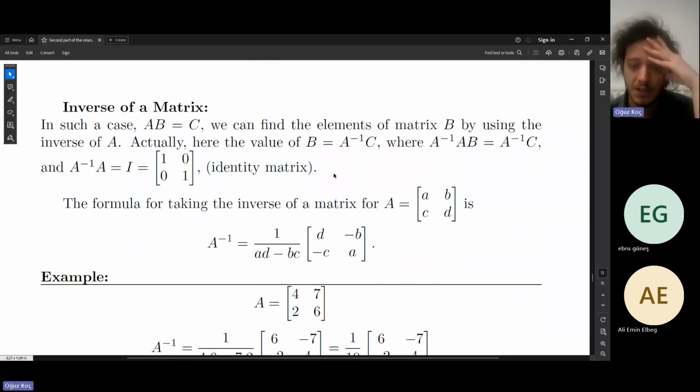In some cases, we need to calculate the inverse of a matrix.